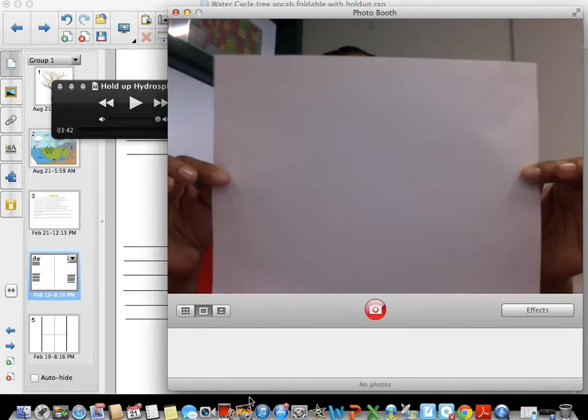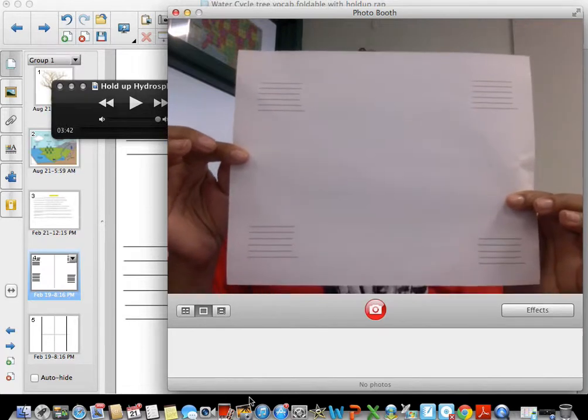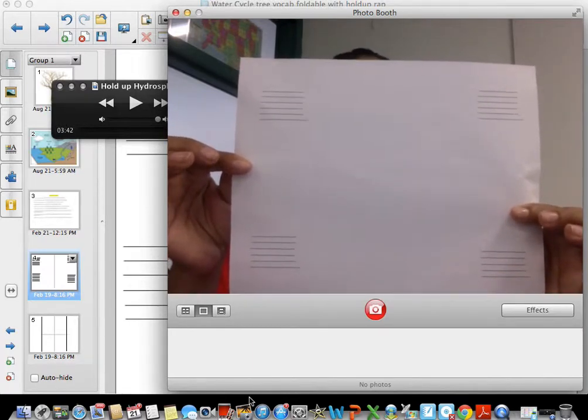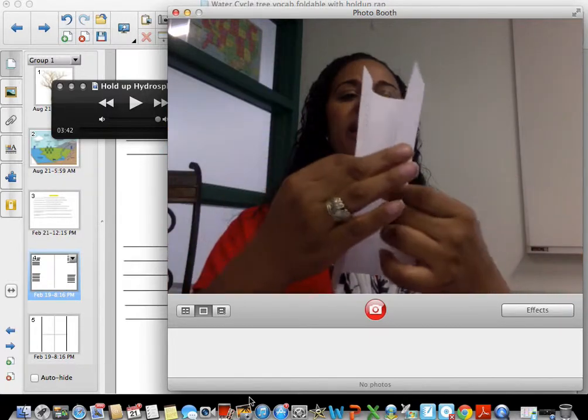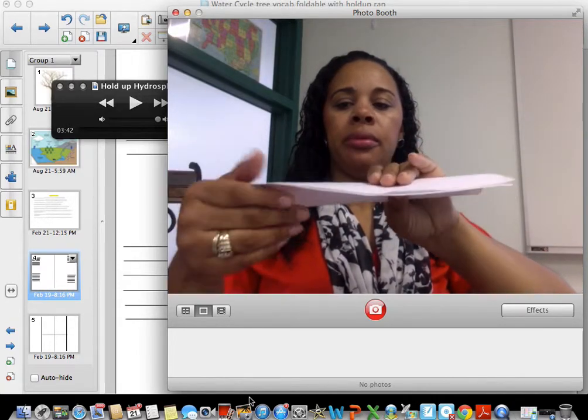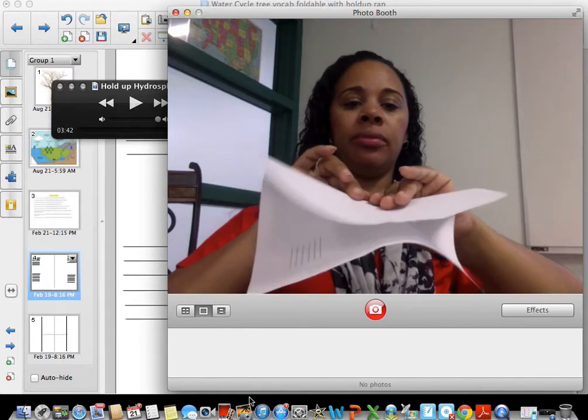Okay, you all have your paper that looks like this. What you're going to do is fold it in half, hamburger style. The line should be on the inside, like mine.